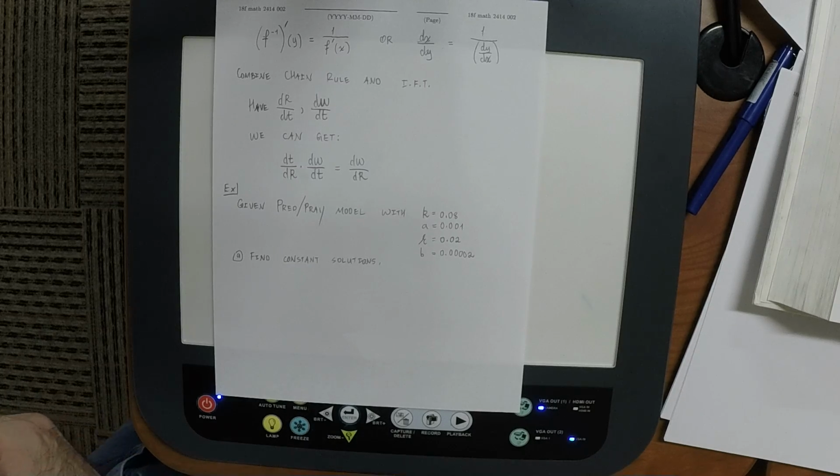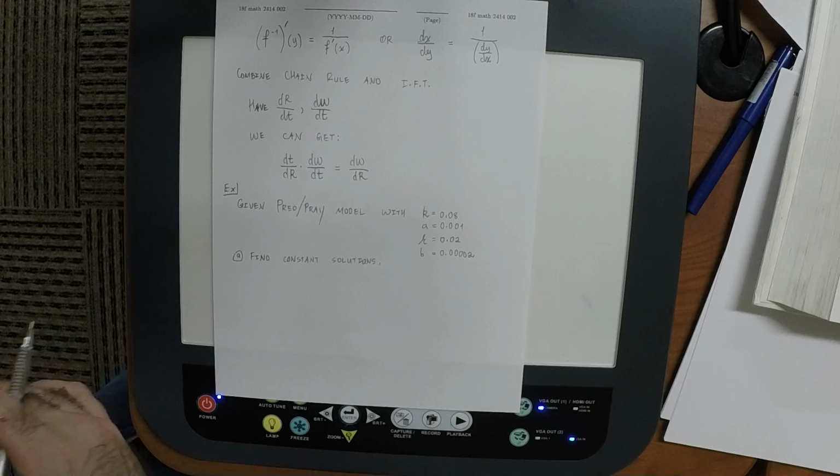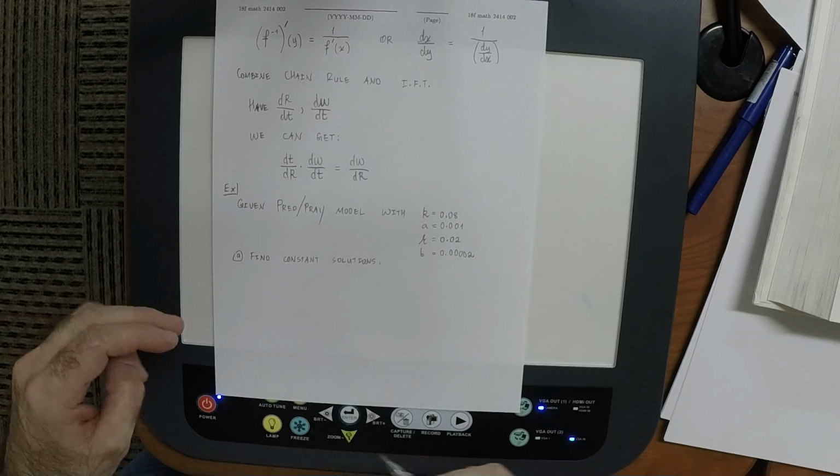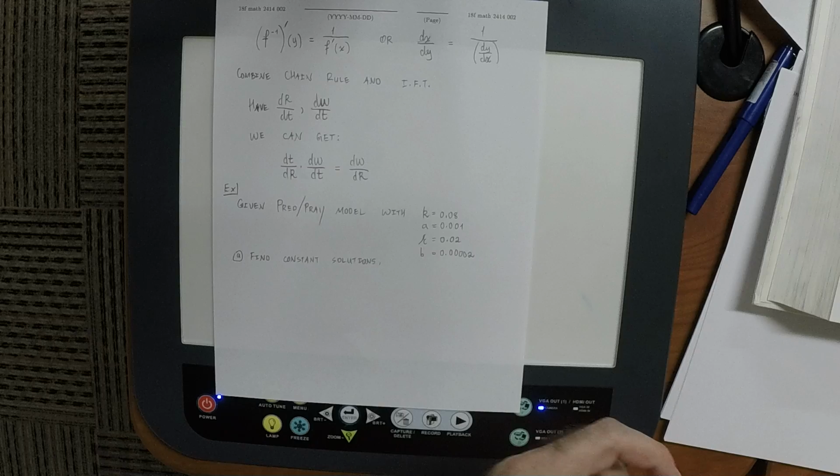Rather, it just means that the number of wolves dying and the number of wolves being born is the same. And similar for rabbits. There's rabbits coming into existence, there's rabbits dying, wolves are eating the rabbits, stuff's happening. But the population is not moving. So to find the constant solutions, what must be true? Both dR/dt and dW/dt must be 0.